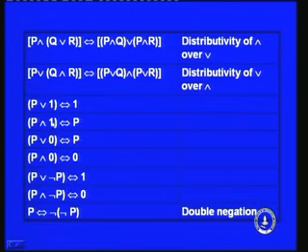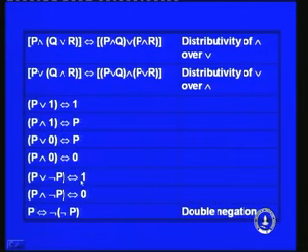So, P and 1 has the same value as P. Similarly, for OR, P or 0: if P is true, this will be true, if P is false, this will be false. So, P or 0 takes the same value as P. And when you AND with a 0, P and 0, because one of the operands is false, the compound statement will be false. So, P and 0 is the same as 0 or false.